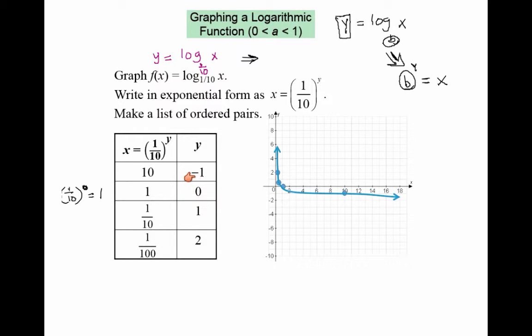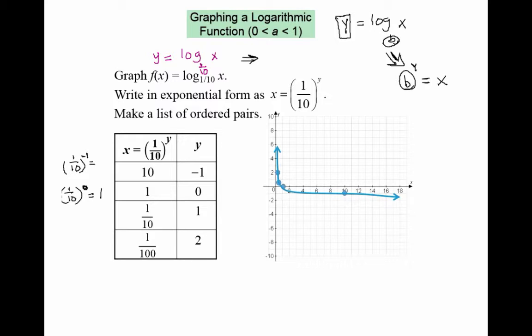So first of all, my graph is going to pass through this point here. If y is equal to negative 1, x would be equal to 1 over 10 to the power of negative 1.